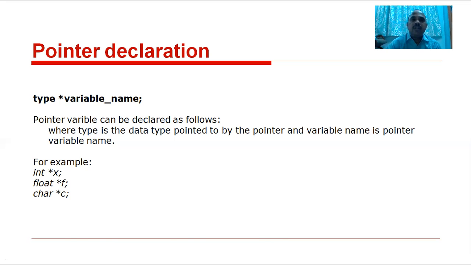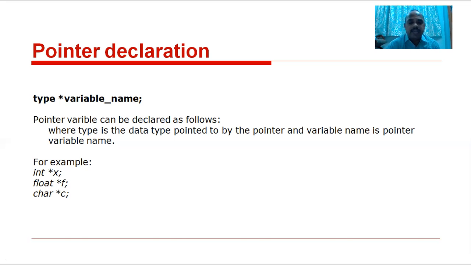Clear? Then float asterisk f. This can hold the address of any float variable. Here char asterisk c, c is a character pointer variable. It holds the address of any character variable. Remember, all of you. Normal variables provide direct access to their own values.